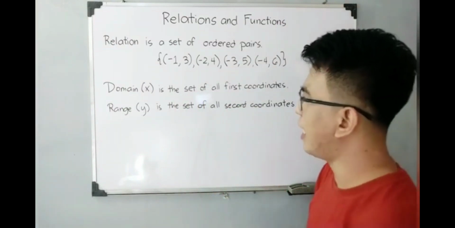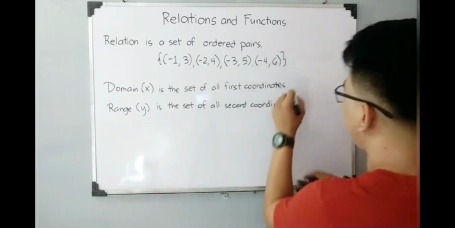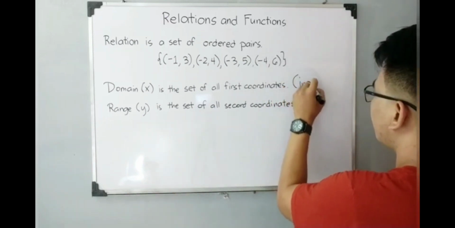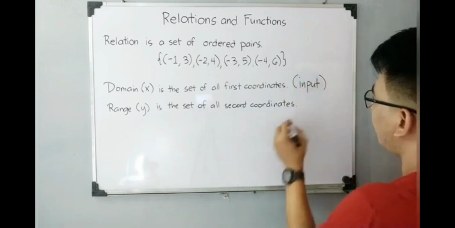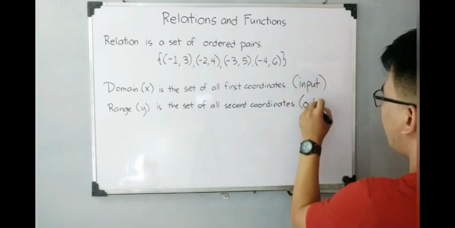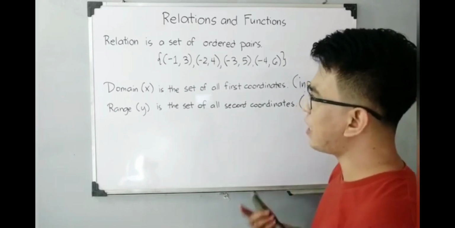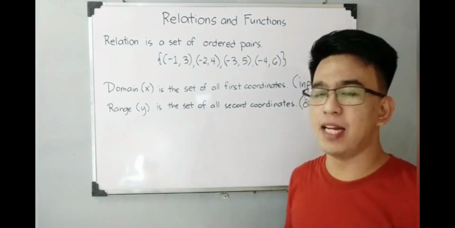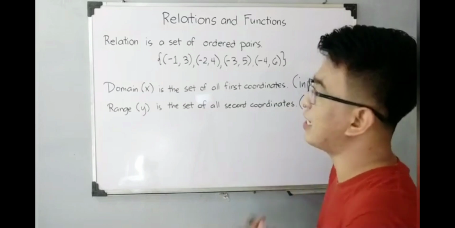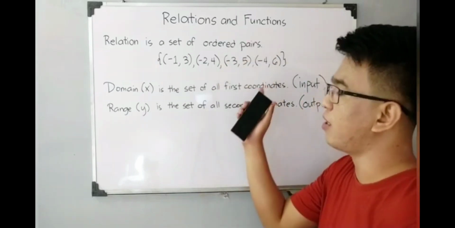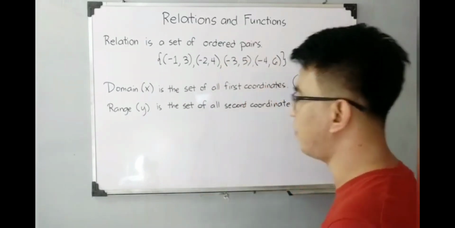This domain is also known as your input, and this one is your output. Usually, you are asked to find the domain and range of a given relation and even a function in the later parts of our video.